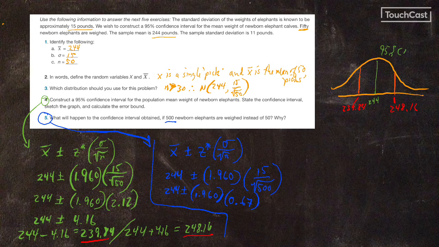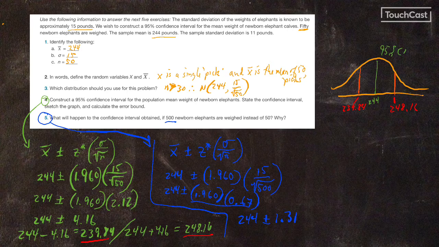Your answers might be slightly different depending on what you round. Right now I'm plugging in a much longer number than 0.67 in my calculator, but it shouldn't be off by much. So I get 244 plus or minus 1.31, roughly.